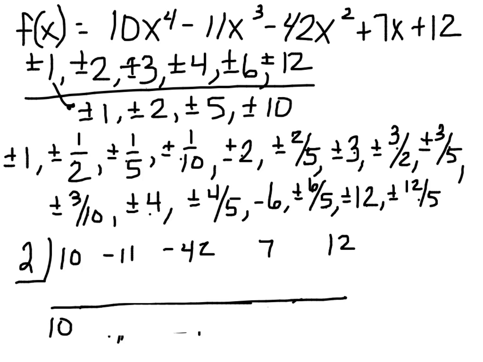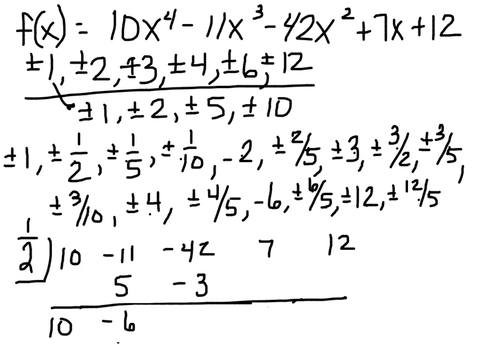Can we do a half? Let me get rid of the positive 2 there. Hey, what's half of 10? 5. What is negative 11 plus 5? What's half of negative 6? Negative 3.